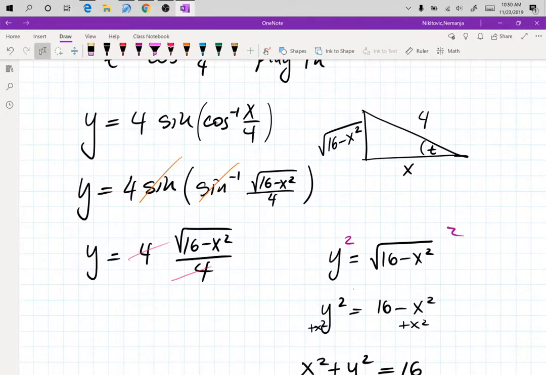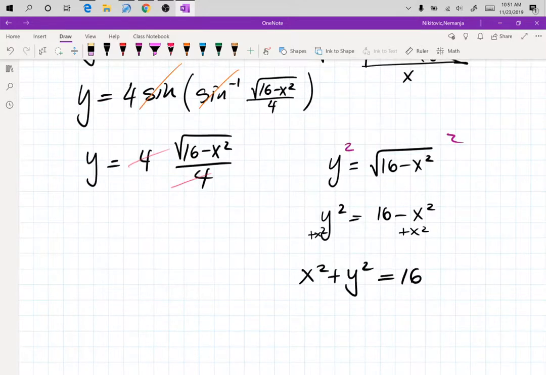What you said is 100% correct. But if I am replacing cosine inverse x over 4 with sine inverse x over 4, it's wrong. Right. Okay. Oh, okay. But this is not the same because I changed the argument of it. Okay. So that's that part.